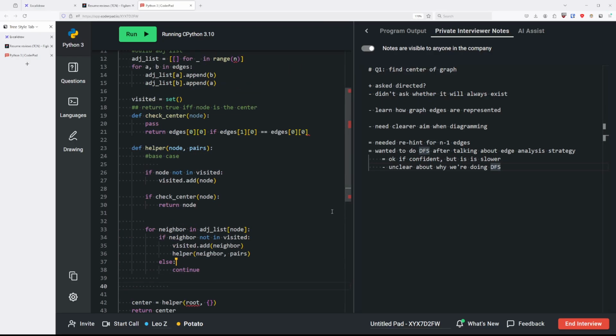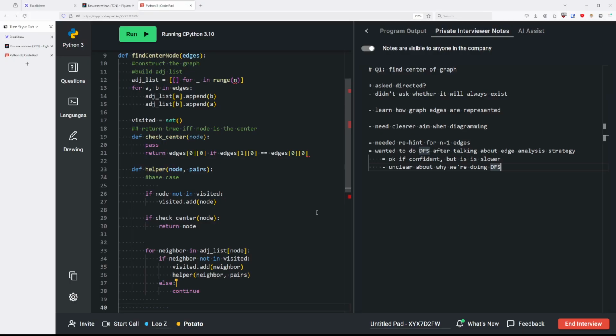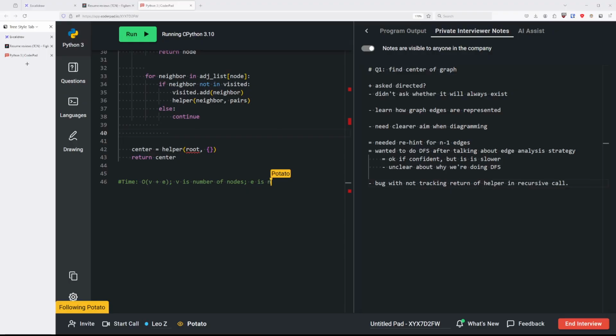Let's talk about time and space complexity. For the time complexity, I think we would have to visit every node in the graph, so that would be V plus E, where V is the number of nodes and E is the number of edges.